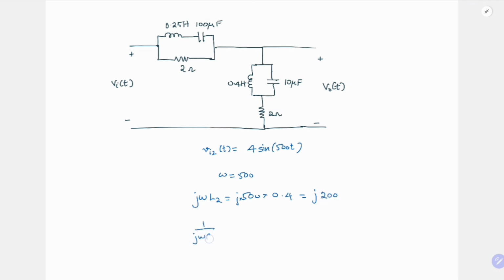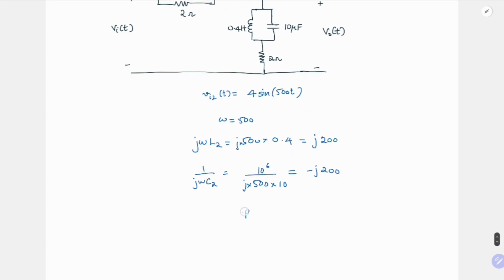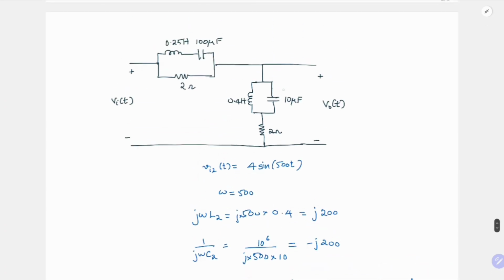And similarly your 1 by j omega C2 is 10 power 6 by j into 500 into 10, so 5000 and 1000 into 10 power 6. So this is also minus j200. Now they are in parallel, so Z equivalent is j200 into minus j200 divided by j200 minus j200. So this is minus j4 into 10 power 4 by 0, which is nothing but infinity. So this is going to be open.